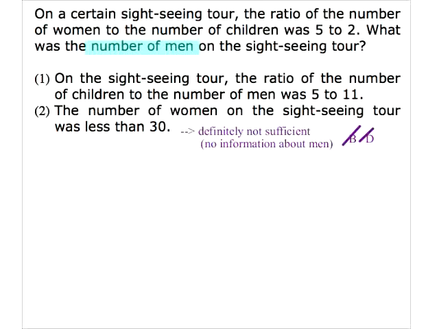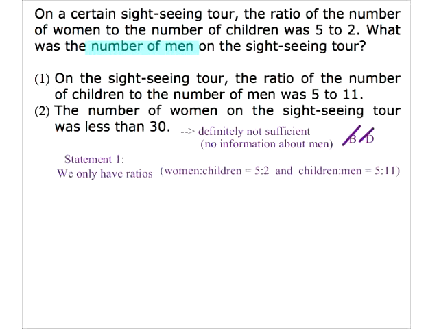Statement 1. This means we just have ratios. We have a ratio of 5 to 2 women to children, and the ratio of children to men is 5 to 11.